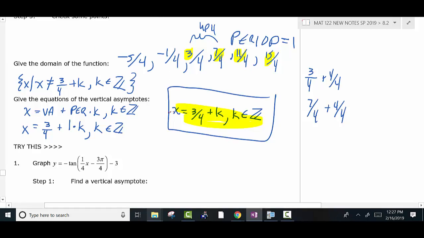One thing that you can always do too, if you're not sure, notice that k is an integer. So if you added the integer 1 to this, you would get 3/4 plus 4/4, which would give you 7/4. And that would give the next asymptote. If you add an integer to 3/4, you're going to get the rest of these asymptotes. That's the idea.